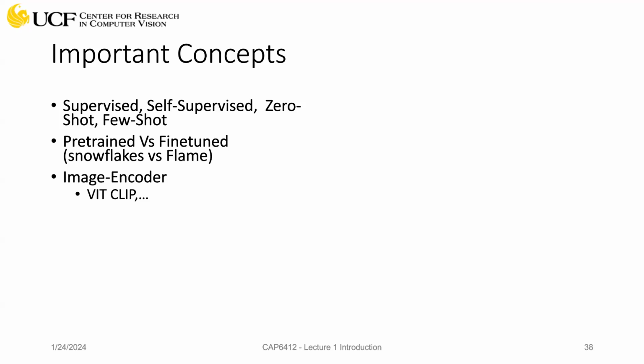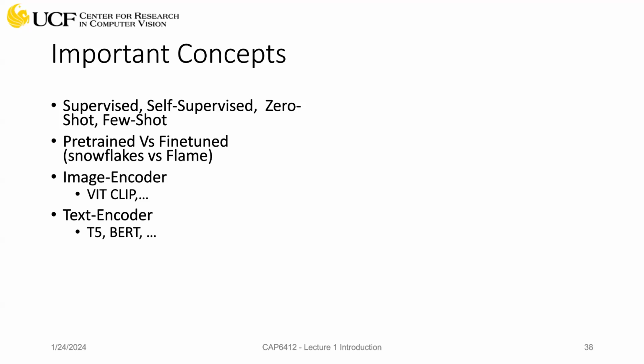So there'll be a visual part, which will be the image encoder, and as you will see, most of the time we are using ViT CLIP. So ViT is a transformer and it's pre-trained on a CLIP model, and there are different versions. There are some public CLIPs, some proprietary CLIPs, like OpenAI CLIP is still not out, but people have reproduced something very close to what they have.